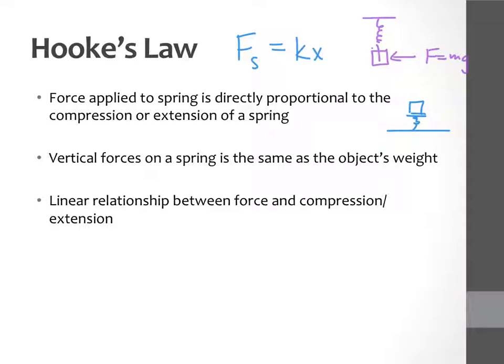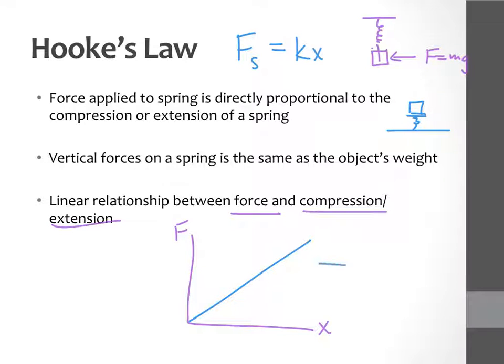Now what's important here is the relationship between force and the compression or extension. If you see this type of graph, force and x, the slope of this line is equivalent to the spring constant k.